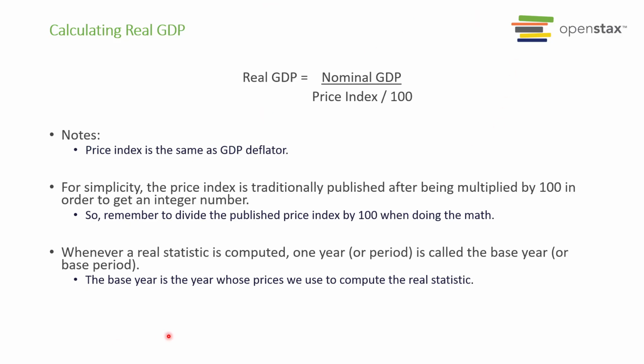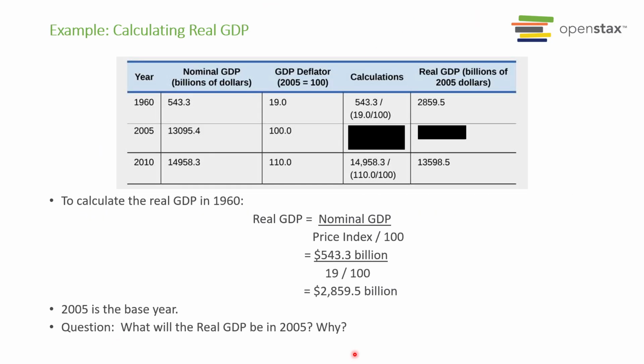Okay. All right. So here's an example from the textbook, and we've got the year 1960, 2005, and 2010. We're given the nominal GDP value, and again, this is in billions of dollars. So in 1960, nominal GDP was $543.3 billion.